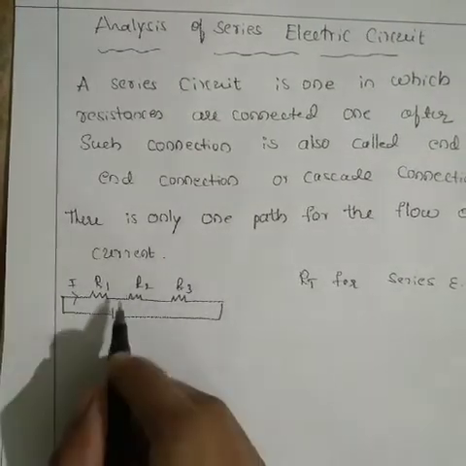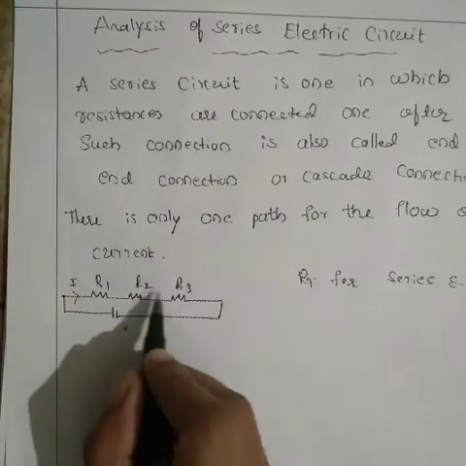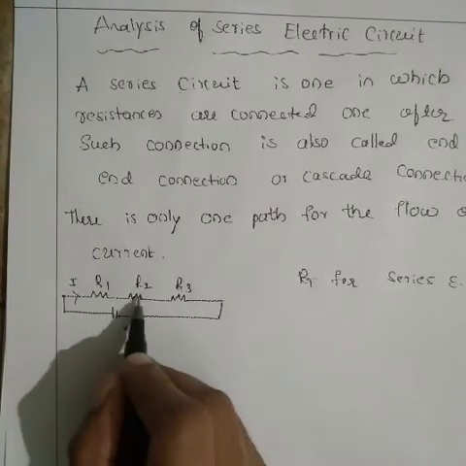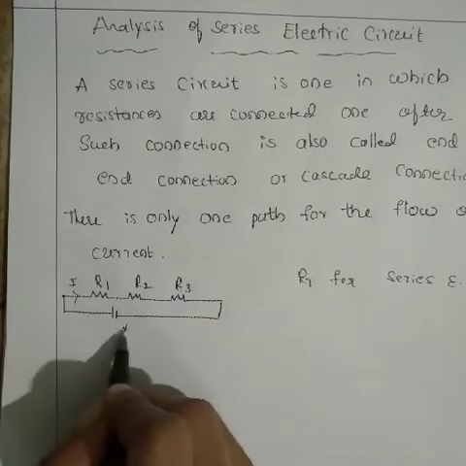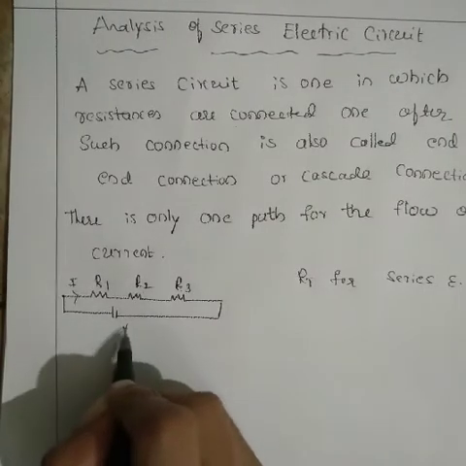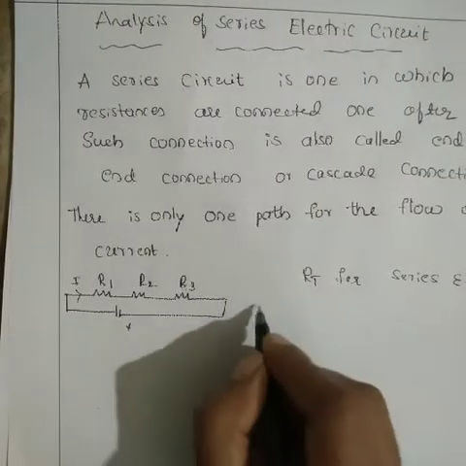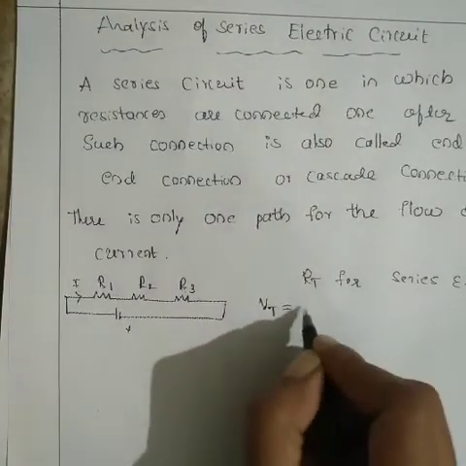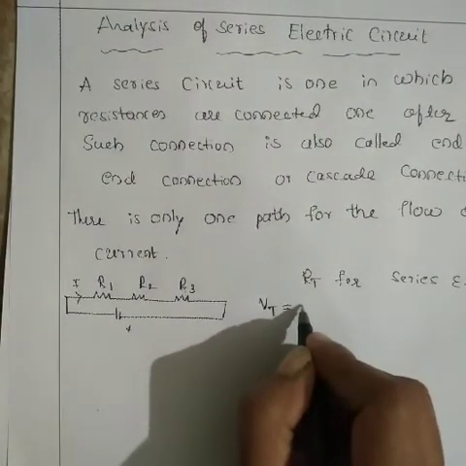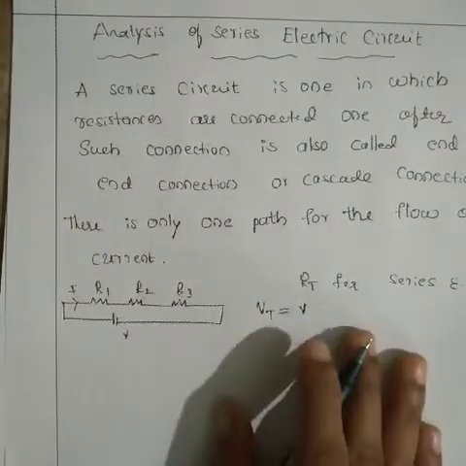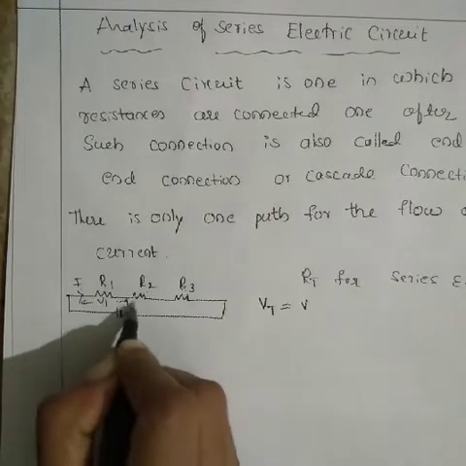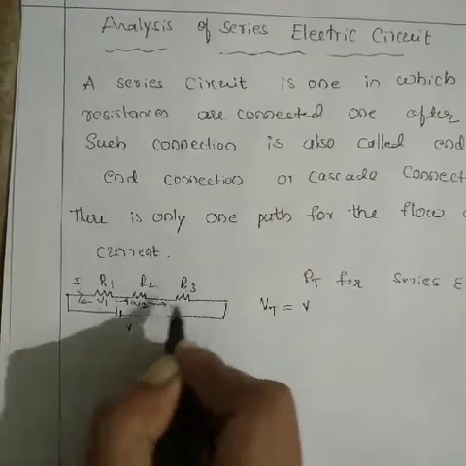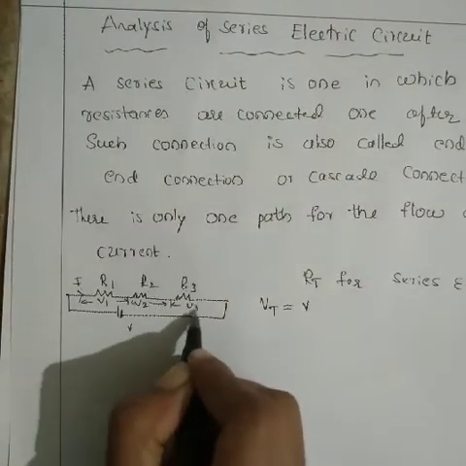Here consider three resistances R1, R2, then R3 connected one after the other across the voltage source V. I is the total current, V is the total voltage. In a series circuit, the total voltage is equal to the sum of the potential drops across each resistor. The potential drop across R1 is V1, R2 is V2, R3 is V3.